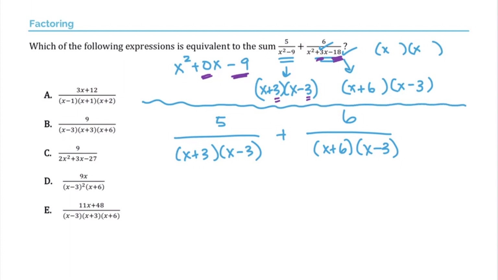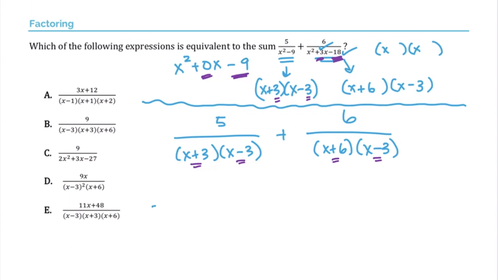Now, our review of combining fractions when we want to add them together is, of course, that we have to have the same denominator. So if I think to myself, okay, how can I go from what I currently have, but make sure that I have every part that I need? Well, if I look at my total number of expressions, I've got an x plus 3, I've got an x minus 3 in both, and then I have an x plus 6.